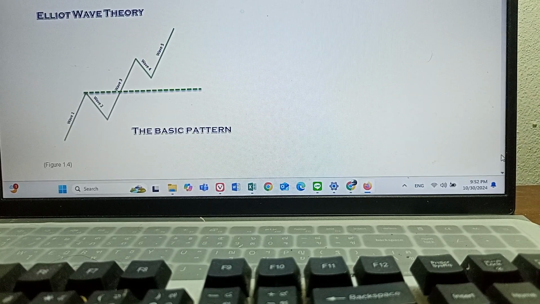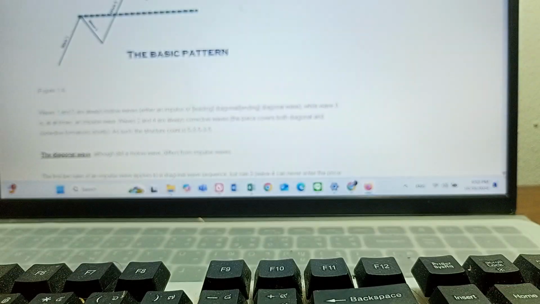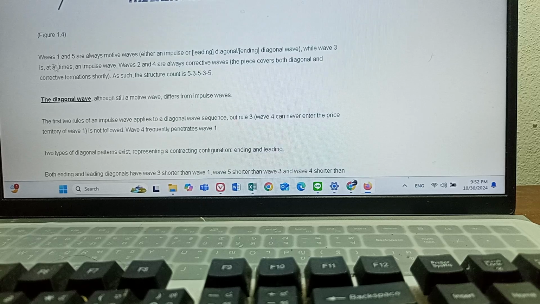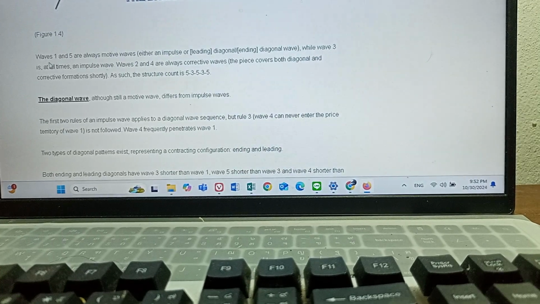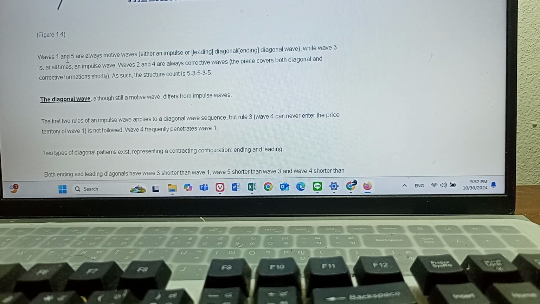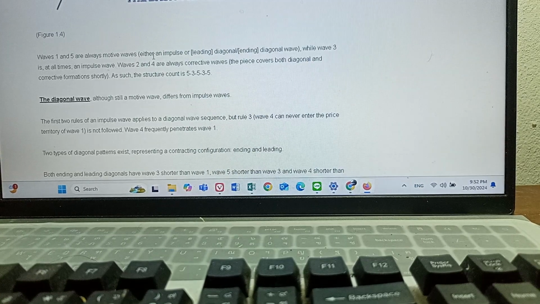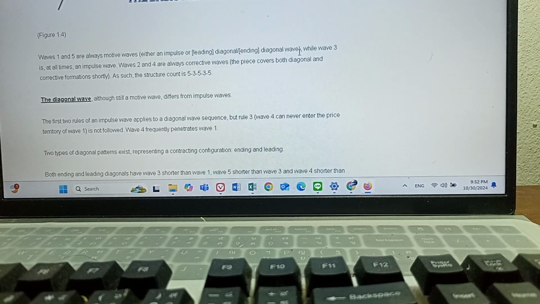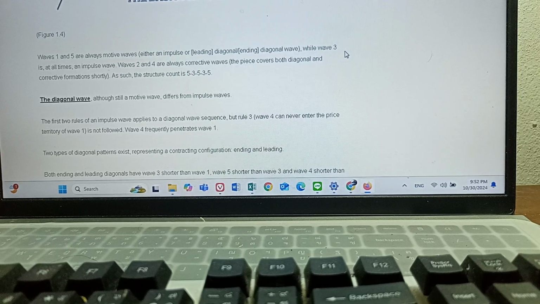Elliott Wave theory. The basic pattern. Figure 1.4. Waves 1 and 5 are always motive waves, either an impulse or a leading or ending diagonal wave, while Wave 3 is at all times an impulse wave.